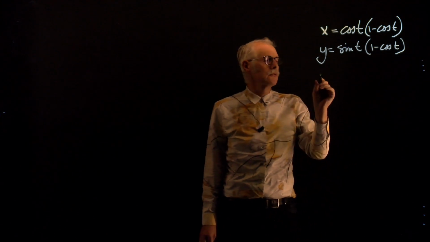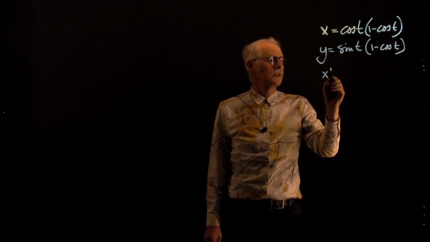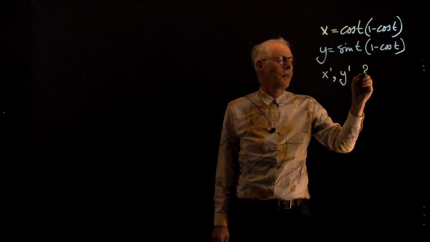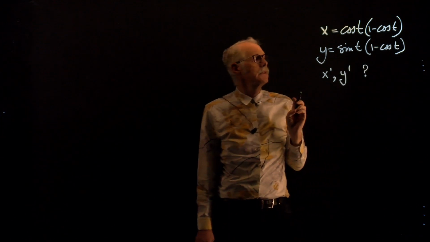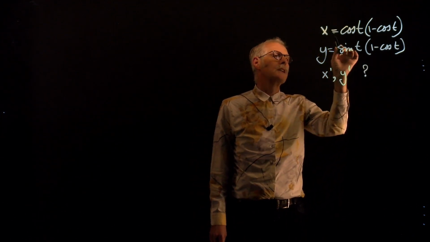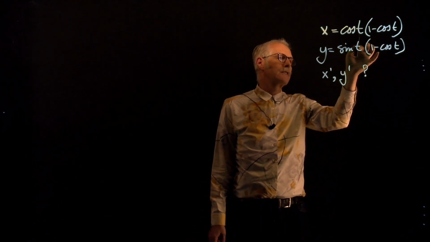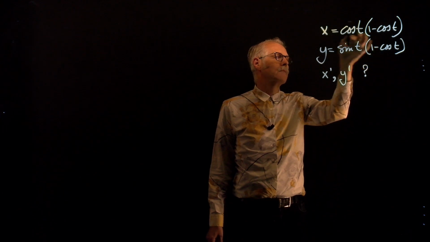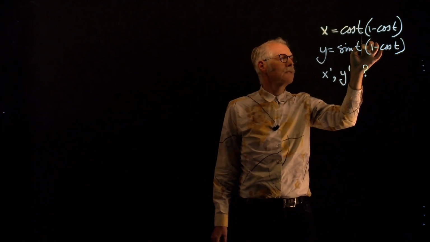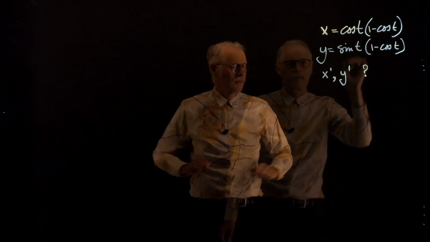And now I would like to know the derivative of the x, and I would like to know the derivative of the y. So here we're going to apply the product rule. First we do the x. So this is like the a times b. First you take the derivative of the a, it's this one, not touching that one, and then the other way around, not touching the cosine, but taking the derivative of this.